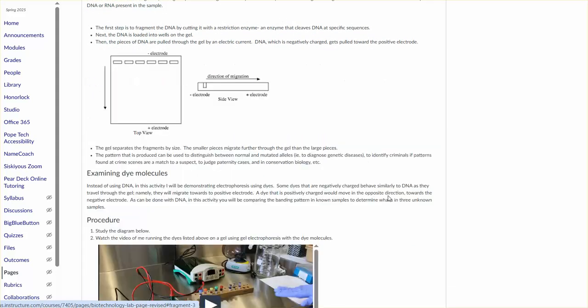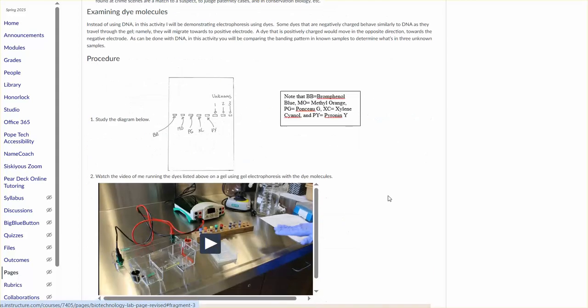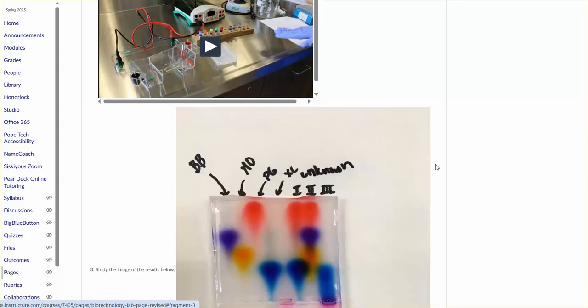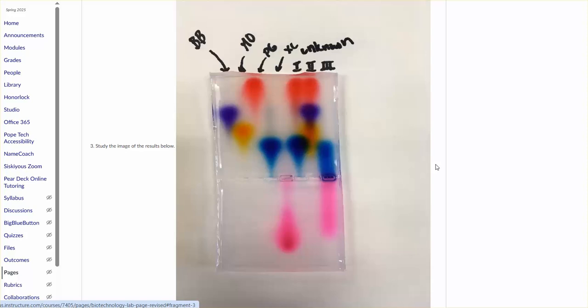Next, you're going to watch this video of me performing gel electrophoresis on 5 dye molecules and 3 unknown mixtures of those dye molecules. This is what the gel looked like when I was done running it in the video.